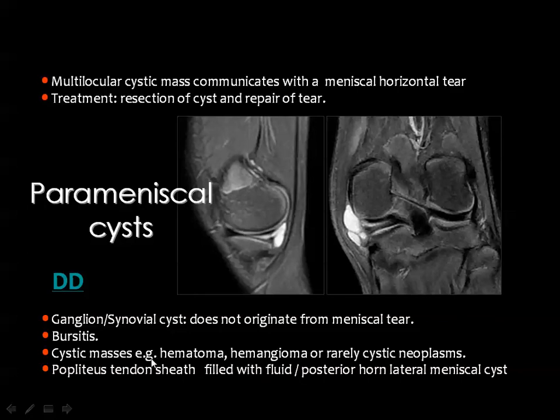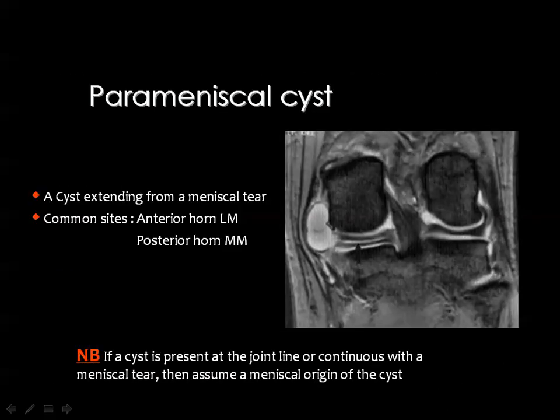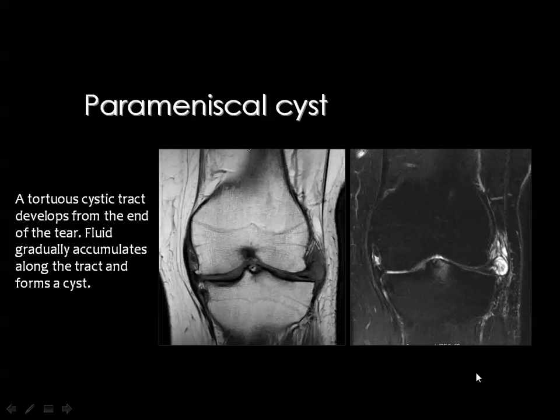Then cystic masses like hematoma or cystic neoplasms, and the popliteal tendon sheath fluid, or the fluid related to the posterior horn of the lateral meniscus, as I have mentioned. But remember that a parameniscal cyst is a cyst which is related to the posterior horn of a torn meniscus. And the common sites are the anterior horn of the lateral meniscus and the posterior horn of the medial meniscus.